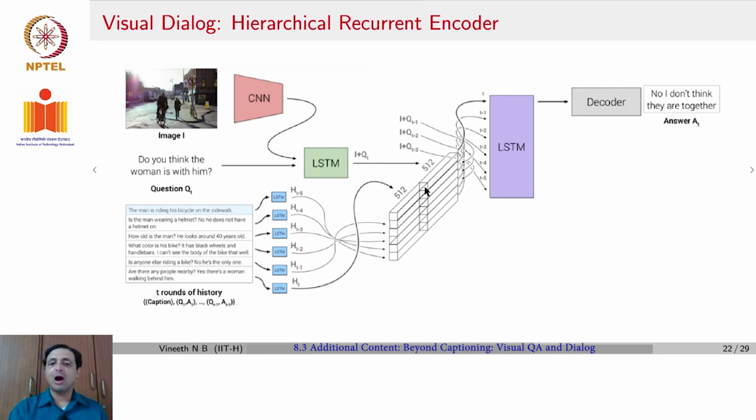Now you have another LSTM that combines these inputs from the previous dialogue history, the current question, and the image, and the output of that next level of the LSTM is passed on to the decoder to get the output. So this is called a hierarchical recurrent encoder, because you have an LSTM to take inputs of the image, current question and the dialogue, and you have another LSTM that combines these inputs before passing on to the decoder.